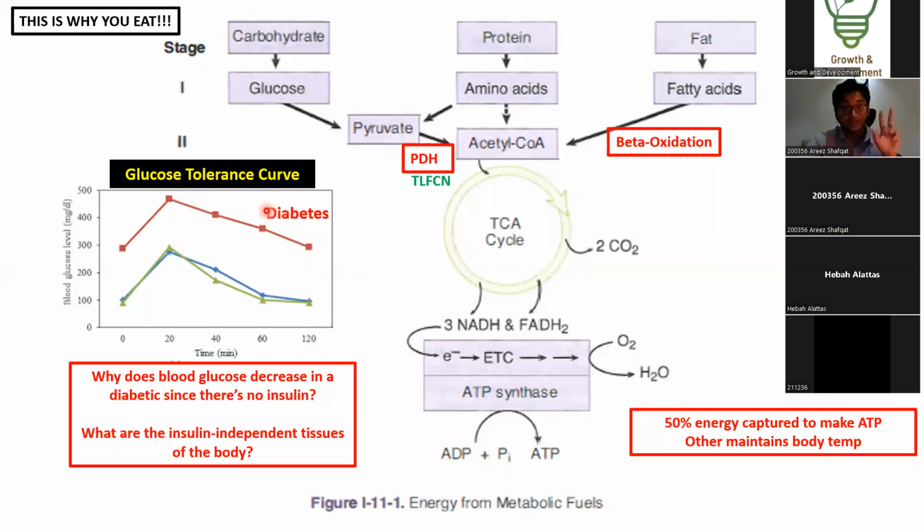These 2 tissues don't rely on insulin for taking up glucose and using glucose. So in diabetes, this decrease in blood glucose is because of insulin-independent cells. From this slide, I just need you to know this, that in diabetes blood glucose comes down because there are insulin-independent cells, namely red blood cells and the brain.